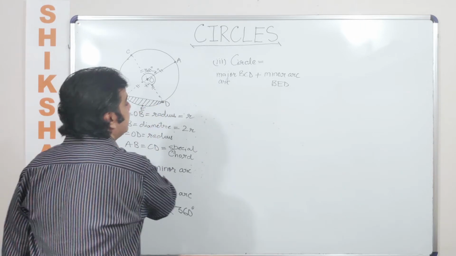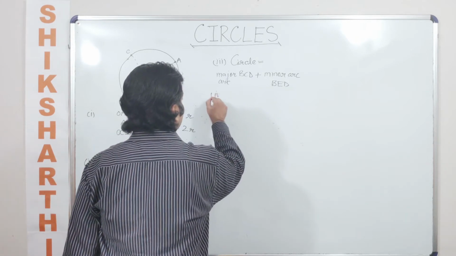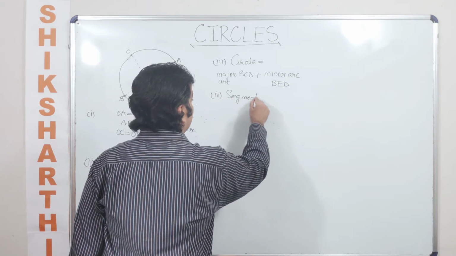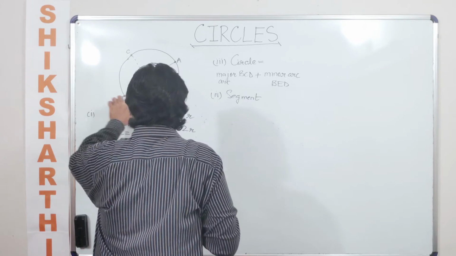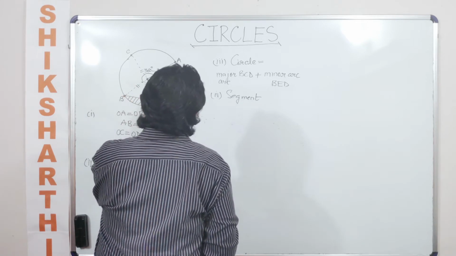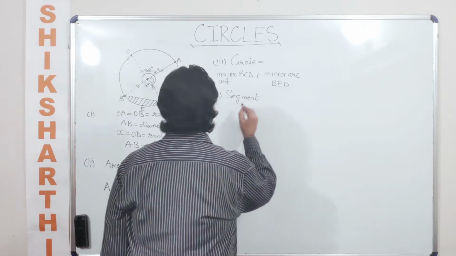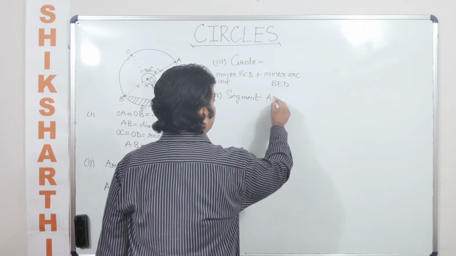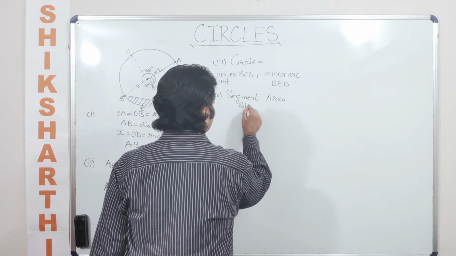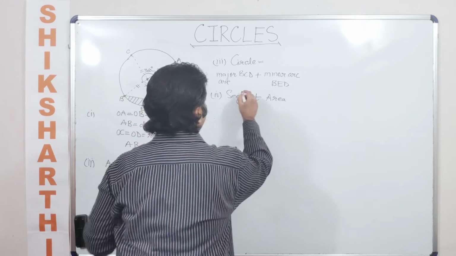So a segment is always formed with the help of the arc, and from the same arc you are able to draw a chord. That is how you get the segment. So the segment area in this case will be BED. So this becomes your minor segment.